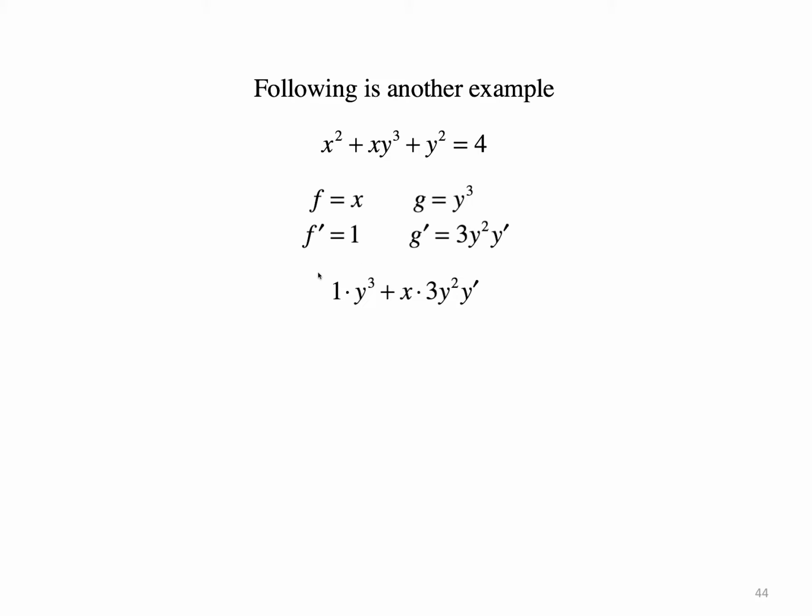So those are the four components, f, f prime, g, and g prime, that we then use with our product rule, f prime g plus f g prime. So f prime is 1, g is y cubed, so that's the first term, plus f, which is x, times g prime, which is 3y squared y prime. And so there are the two terms that we get when we differentiate this product.